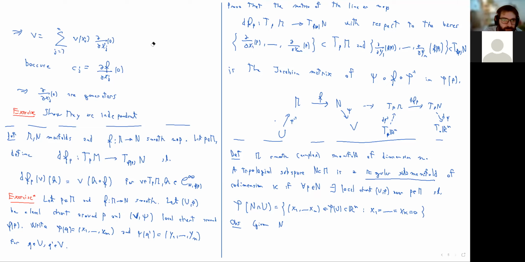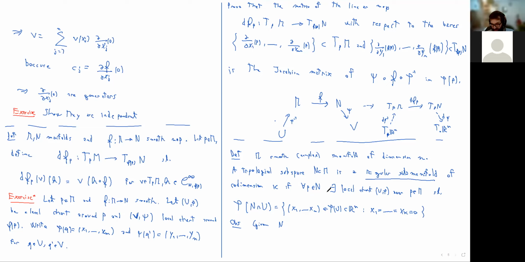The thing I thought I defined this way, I will check more properly later. But if you ask that this is true only for P in N, then you're correct. This open interval between 0 and 1 is a regular submanifold.